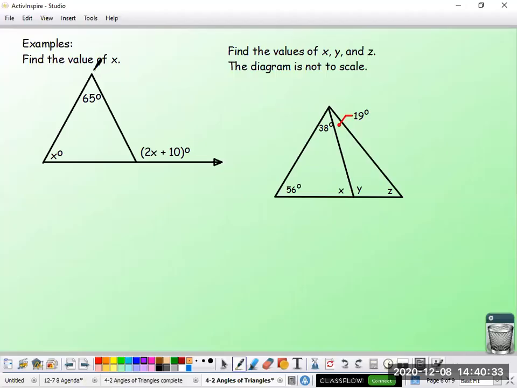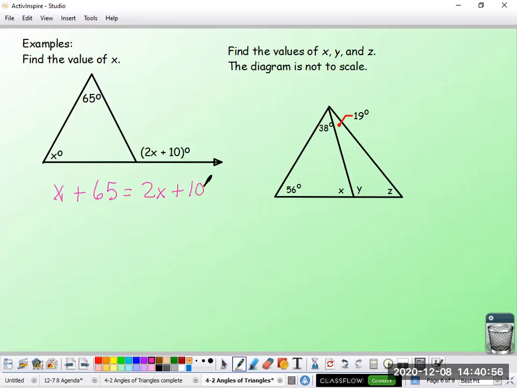All right. So here, notice on this example, we have an extended side that has created that exterior angle. So we know if we take the two remote interior angles, like x, and add it to the 65, they will equal that exterior angle of 2x plus 10.